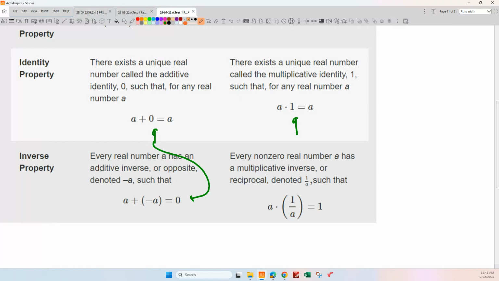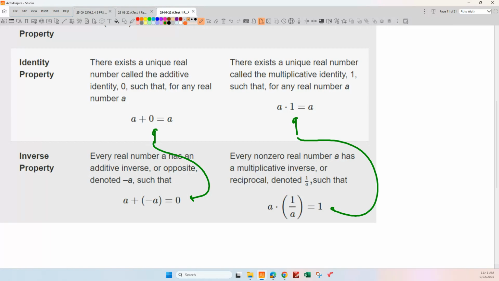So the inverse property of addition says A plus its opposite, negative A, equals 0. For the inverse property for multiplication, again, we want to get back that special identity number for multiplication, which was 1. A times what equals 1? Its reciprocal. So there's the inverse property of multiplication. A times its reciprocal equals 1.